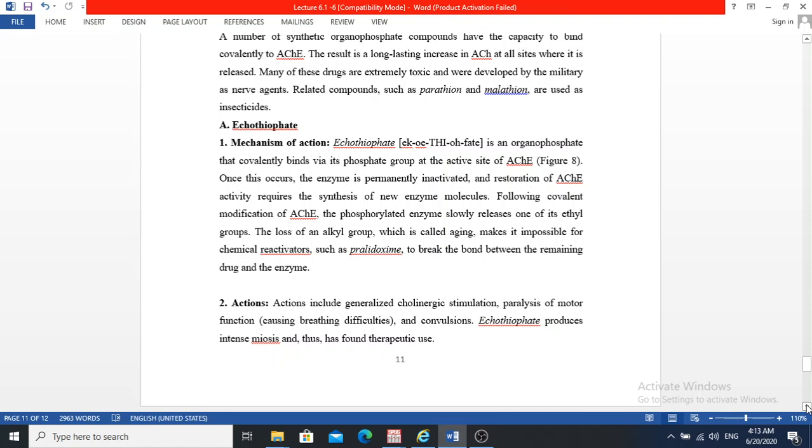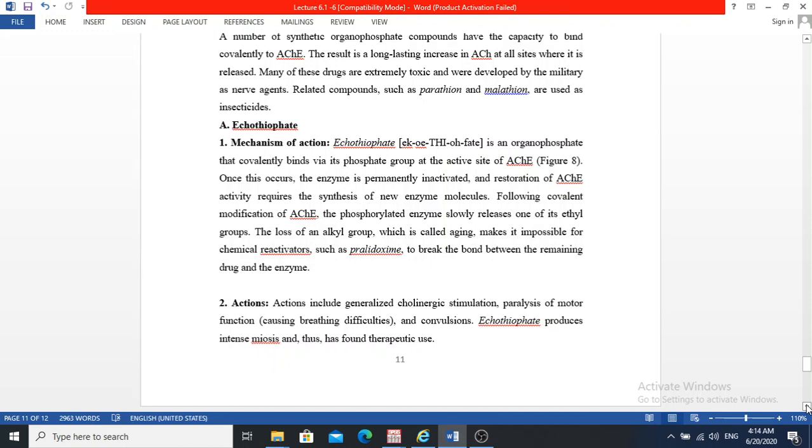Once this occurs, the enzyme is permanently inactivated, and restoration of acetylcholinesterase activity requires the synthesis of a new enzyme molecule. It means the old acetylcholinesterase stops its activity because of the permanent deactivation.